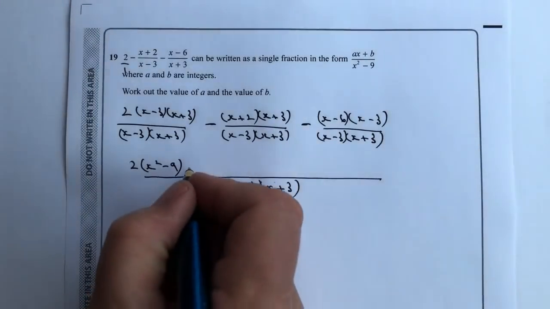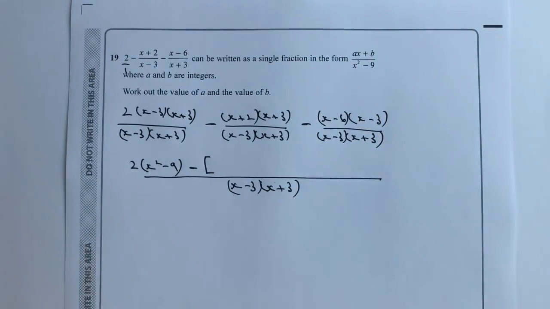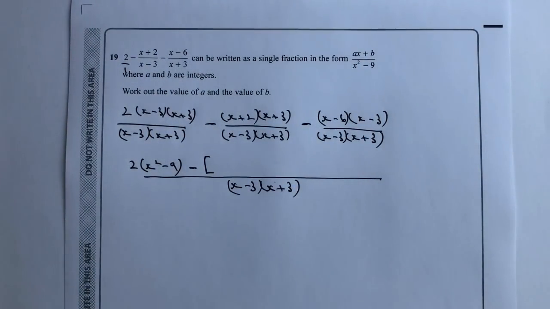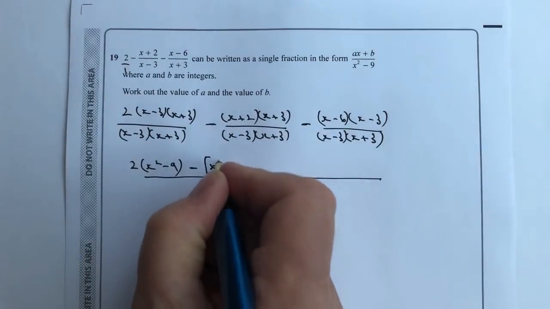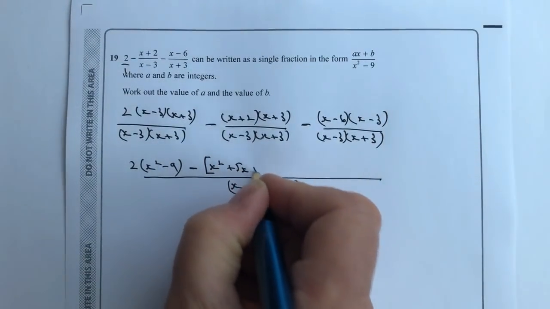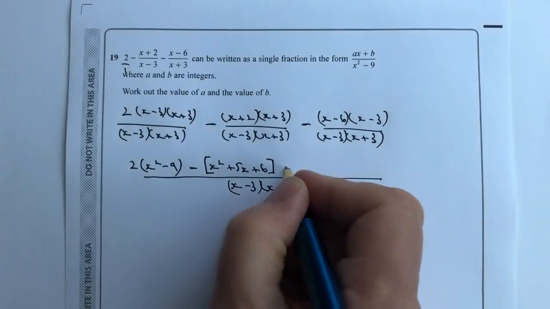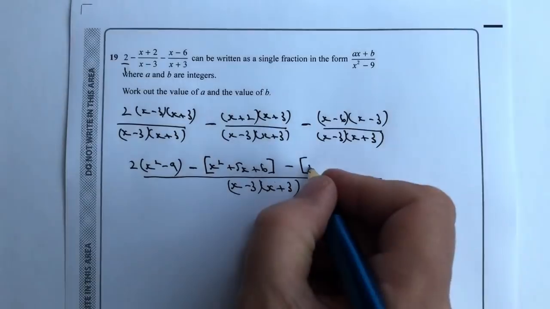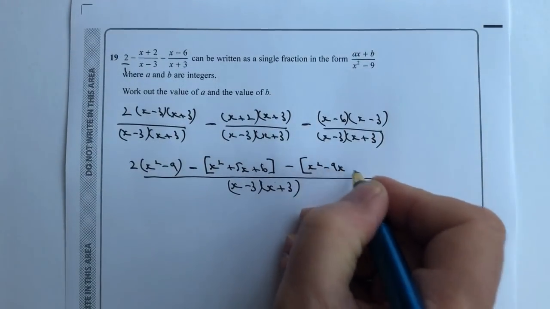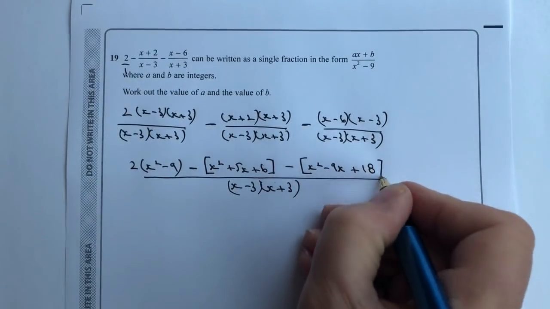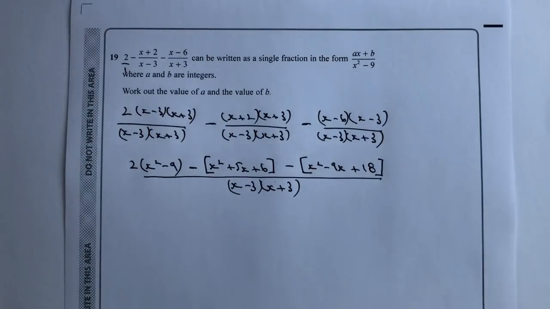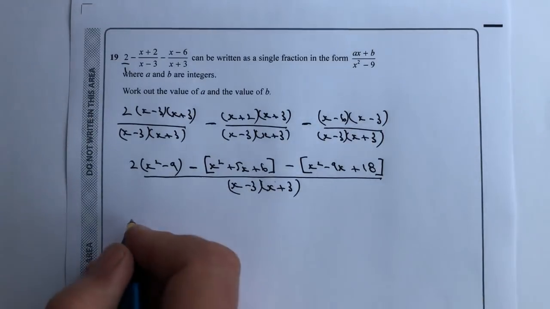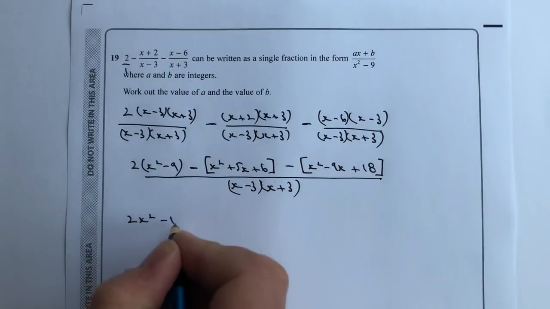Second little bit, now this is where I'm going to put this into square brackets because of this minus sign. Okay, and I'm going to get x squared plus 5x plus 6. Close the brackets off, minus, open up some brackets again, and I'm going to get x squared minus 9x plus 18. Okay, so just be very careful about the negatives in this particular type of question. All right, so when I remove the brackets, what I end up with is going to be 2x squared minus 18.